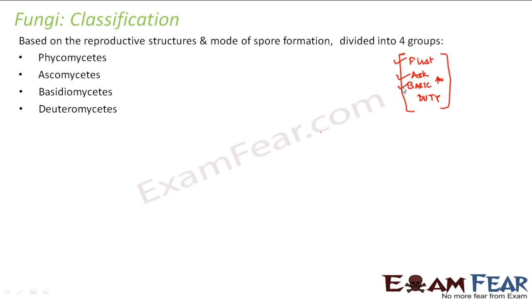Basic, that is Basidiomycetes. Duty, that is Deuteromycetes. They are very similar to the names of the fungi, right? So if you remember this, you can remember Phycomycetes, Ascomycetes, Basidiomycetes and Deuteromycetes, because in bio, remembering the terms is a difficult job.